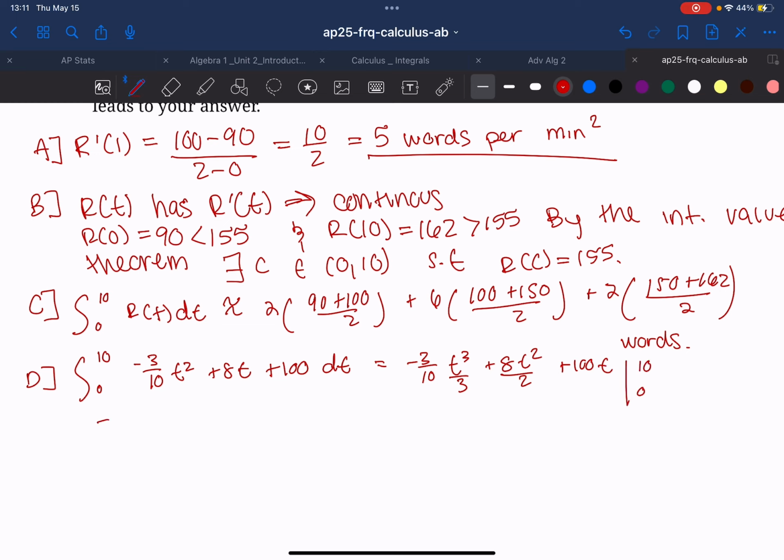Then plugging in my values, I get negative 3 over 10 times 10 cubed over 3, plus 8 times 10 squared over 2, plus 100 times 10. Since each of these has t values in it, I'm just subtracting 0 by plugging in 0. Again, you could simplify this if you want, but to avoid any mistakes, I'm just going to leave it as is and make sure I put my units, which is words.